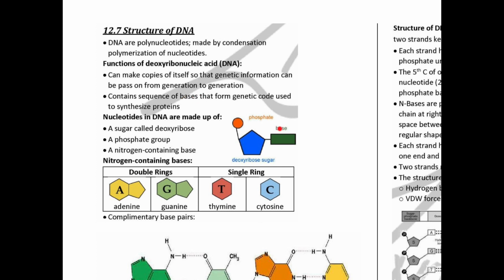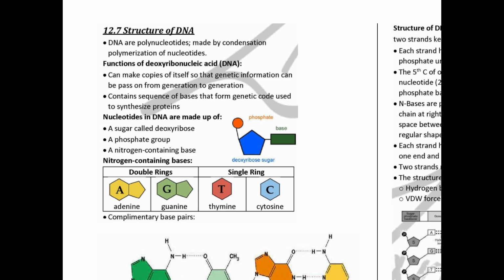So examples of base are A, G, T, C. Of course, you can see here we have double ring bases A and G. We have single ring bases T and C. So these are the bases. So the bases form the genetic code. They arrange in different ways and form genetic code, and that genetic code is used to make proteins.